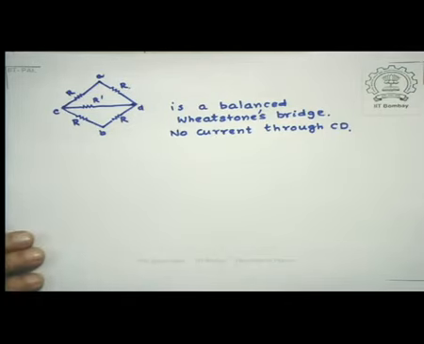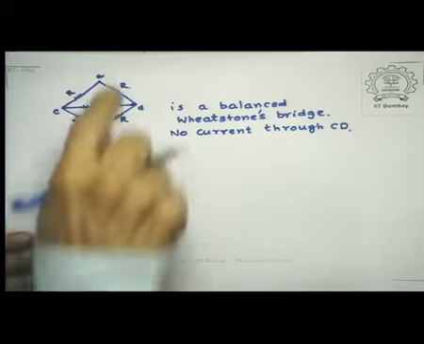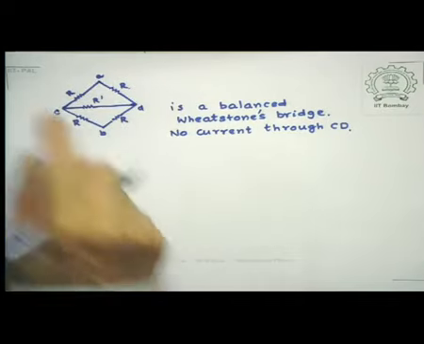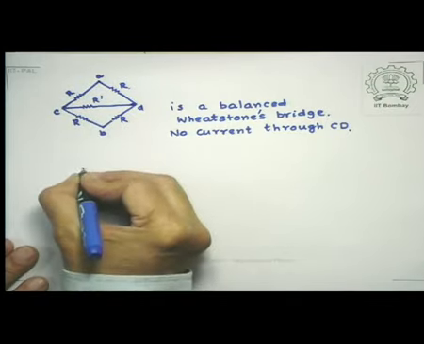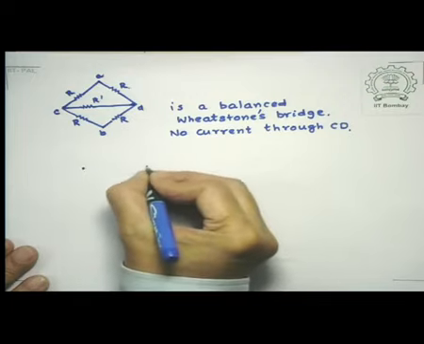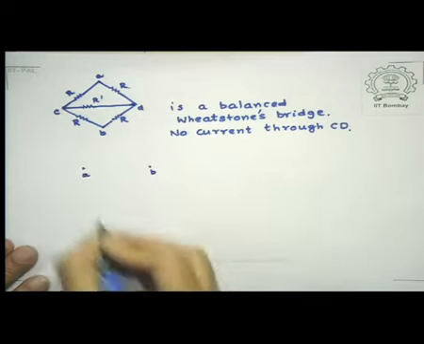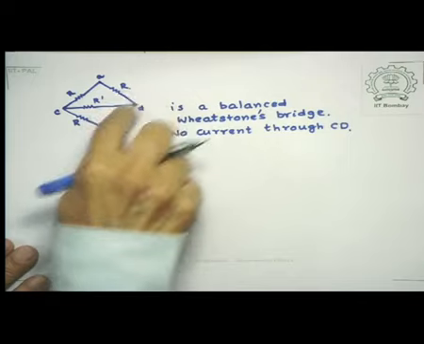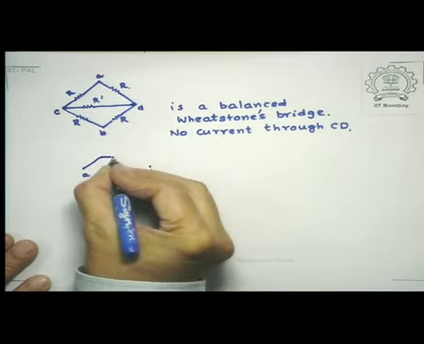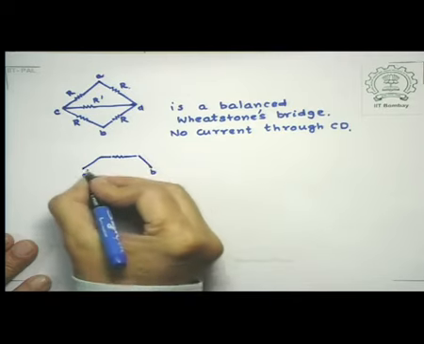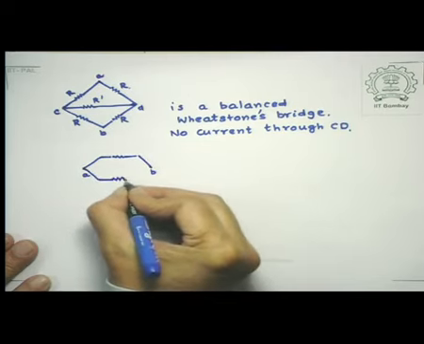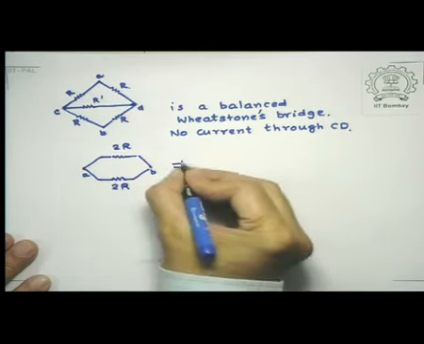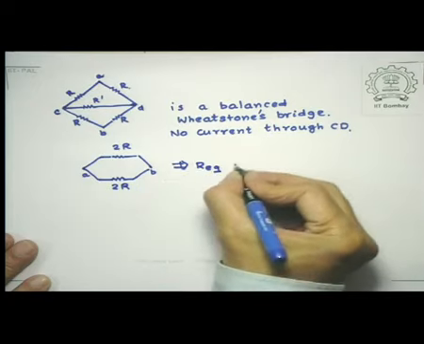So therefore, what I can now do is this, since there is no current in CD and I am required to find out the effective resistance between the points A and B, I can now redraw that circuit as follows, that I have these points A and B, and if this is basically absent, what I have is a series resistance R plus R, namely 2R between A and B, and another pair which also works out to 2R from the lower branch. So this is 2R, this is 2R, which tells me that the equivalent resistance is simply R.